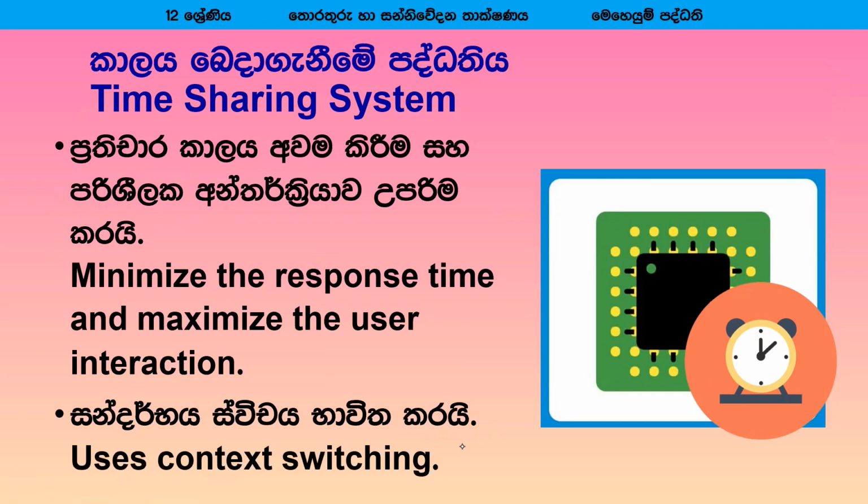Right, so this time sharing system is another technique that these operating systems use. That is why it built up a new era. Earlier, the operating system took the help of the RAM as well as the CPU to manage multiple programs.